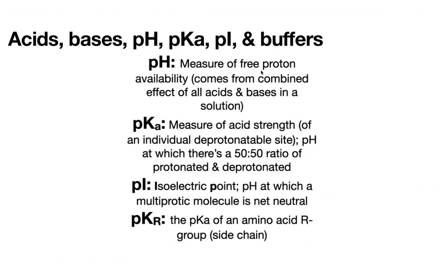It's going to come from the effect of all acids and bases in a solution. But your solution might have a bunch of different acids in it. And for each of those acid sites, we have a pKa, which is going to tell you about the acid's strength. So that's the individual site.